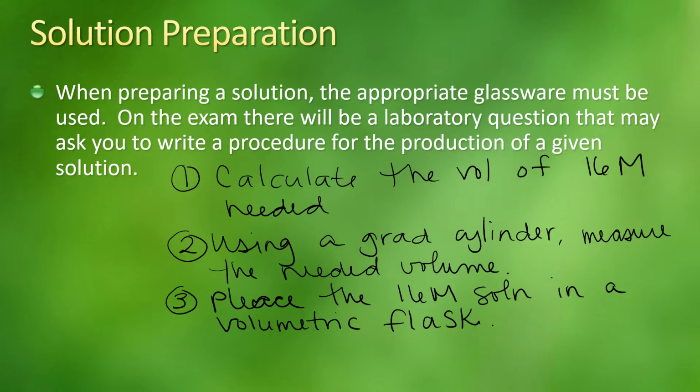The way it works is it is a pre-designated volume. You simply add whatever it is you're trying to mix or dilute, and then you fill to the marked line. If you fill it to the marked line, it ensures with high precision that you have the exact volume listed on the volumetric flask. So our last step here would be to fill flask to mark.